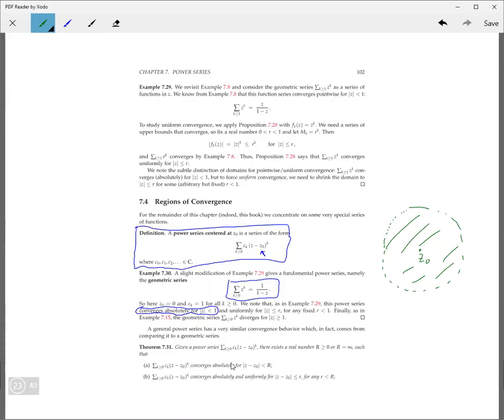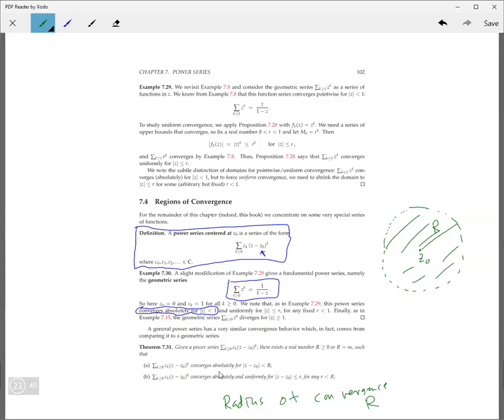And what will happen is, Theorem 7.3.1, which you've already heard of, something called the radius of convergence, which is capital R. And that's actually going to be the radius of this circle.